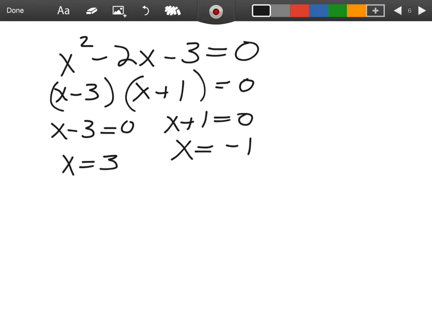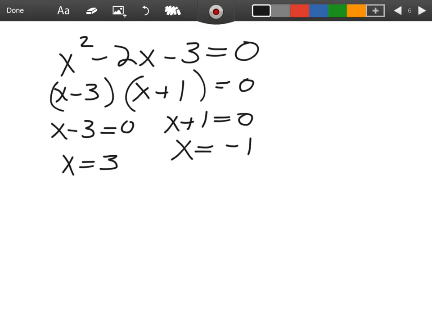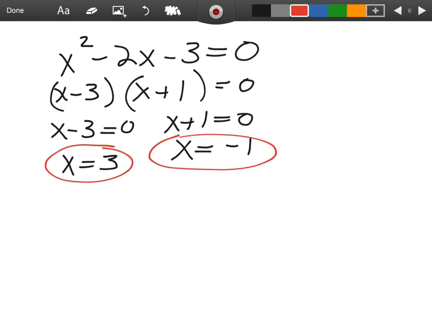There's my two answers. Now, if I go back and check them, you can look and see that I'm going to have square roots of positives on all of those. And you can check them by hand, but they both check out. So both answers we will accept.